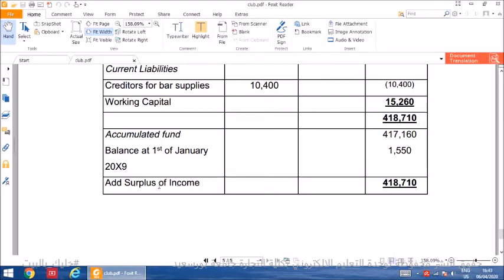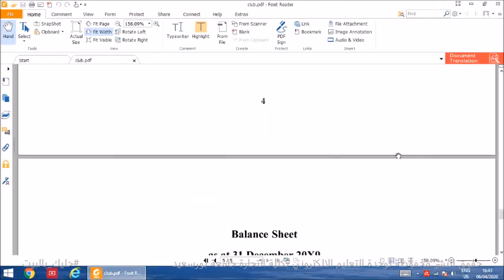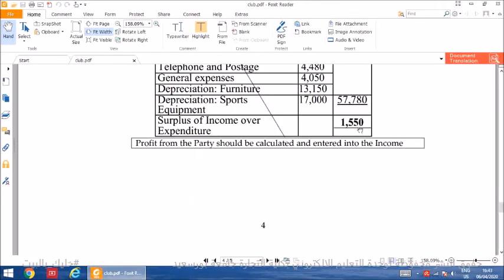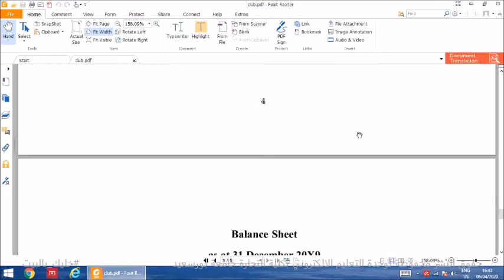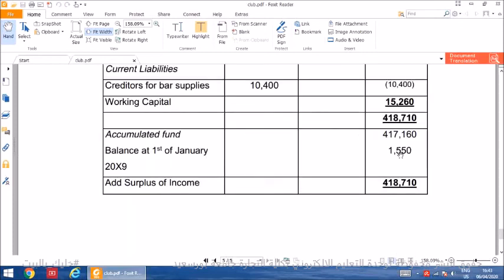Add surplus of income. So the total 418,710. There is an equality between assets and liabilities.